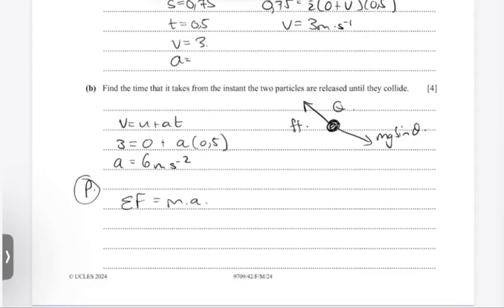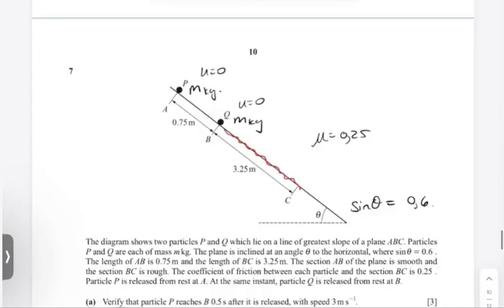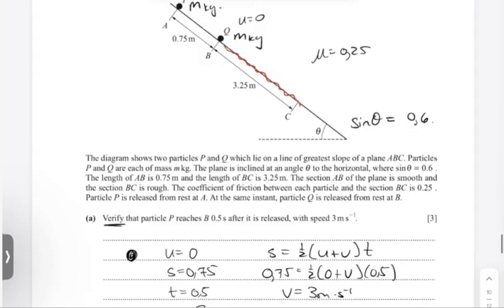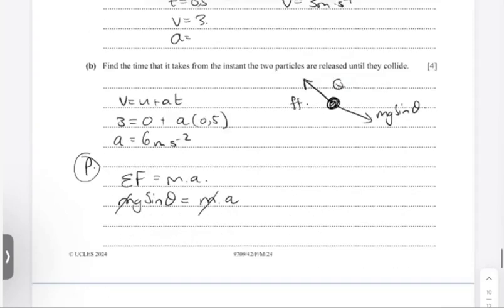The only force that this thing has is mg sine theta pulling it down. So we can take out our mass. It's 10 times 0.6. This is unhelpful information because we already know that.